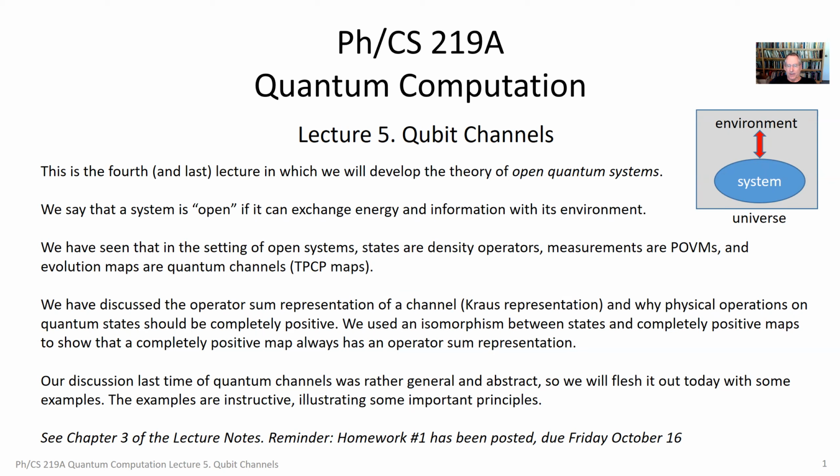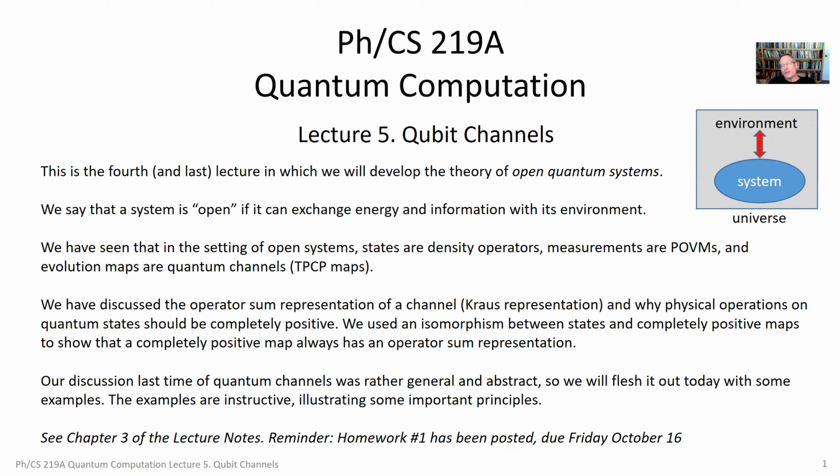So what I want to do today is continue one more lecture with open systems by fleshing out what we learned last time about quantum channels. The discussion last time was quite general and abstract. That's okay. I like general arguments. They can be very powerful. But it's also important to fully appreciate the general theory to see how it applies to some examples.